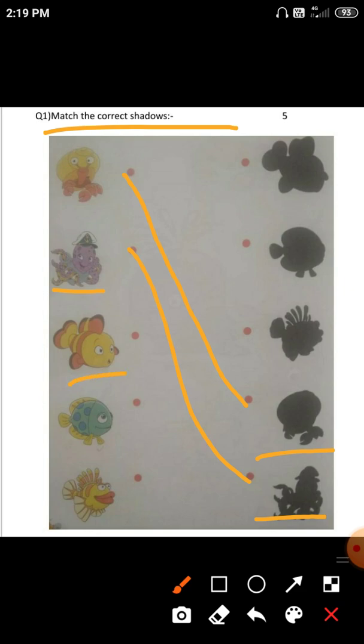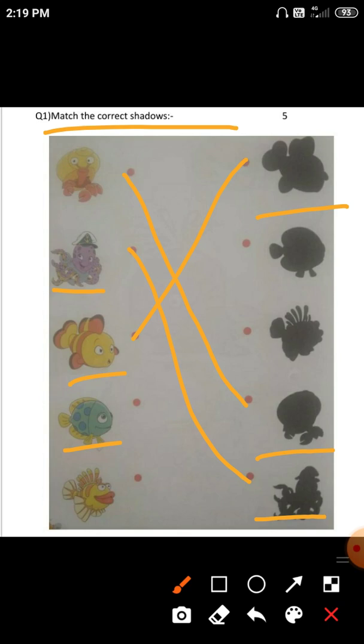Then the third one is fish, a yellow and red color fish. So you have to match it with the first shadow. Then the fourth one is also a fish, a green and yellow color fish. So, a different type of fish.